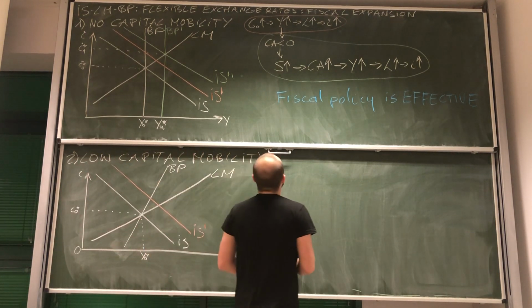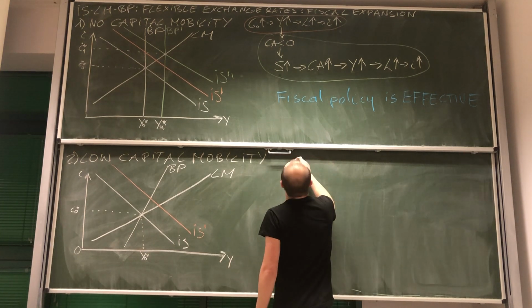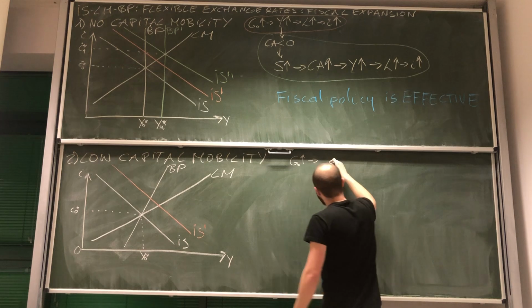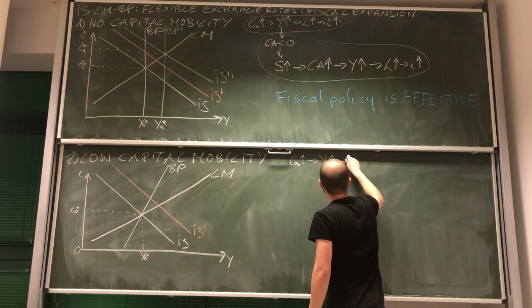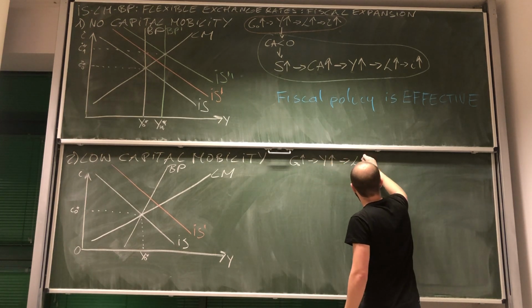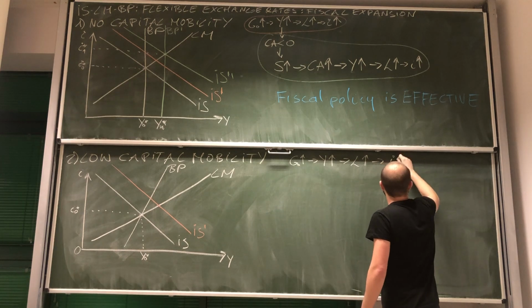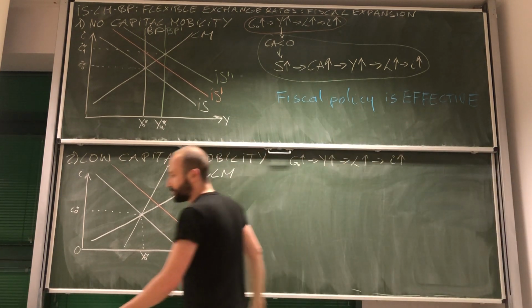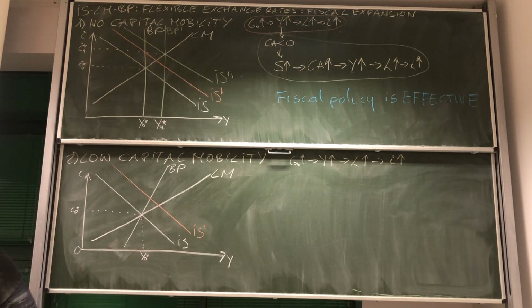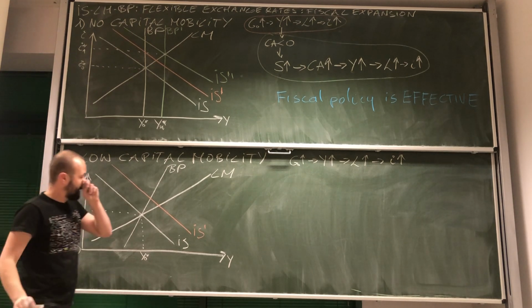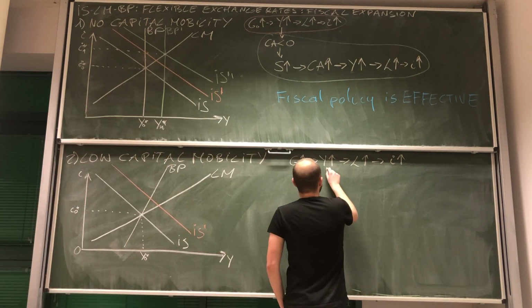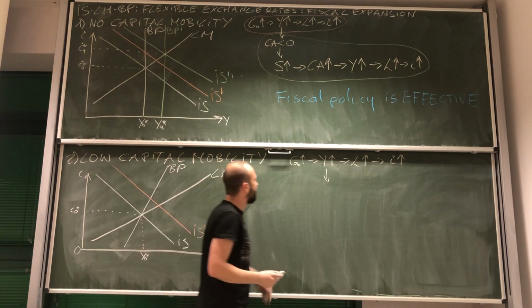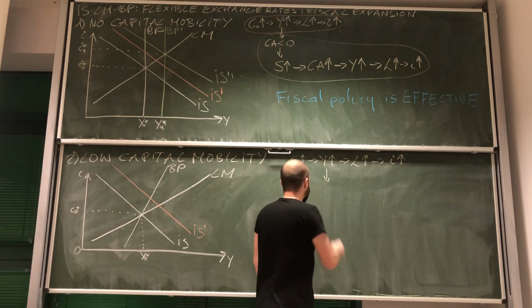As a result, GDP goes up, which increases money demand and increases the interest rate. So, what is happening here? Of course, we know that with higher GDP, we will have higher imports.